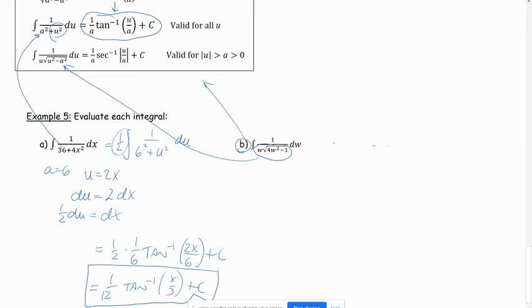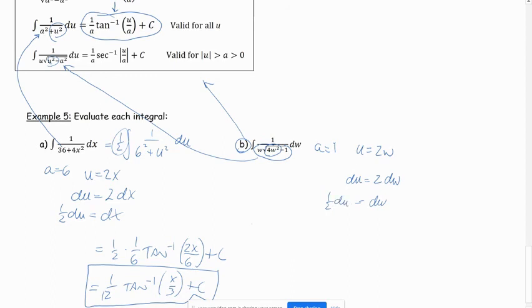We would say that a is 1, and we would say in order to make this part u squared, to match that, we would have to say u is equal to 2w. And so if u is 2w, then du equals 2 dw. And so dw gets replaced by 1/2 du.